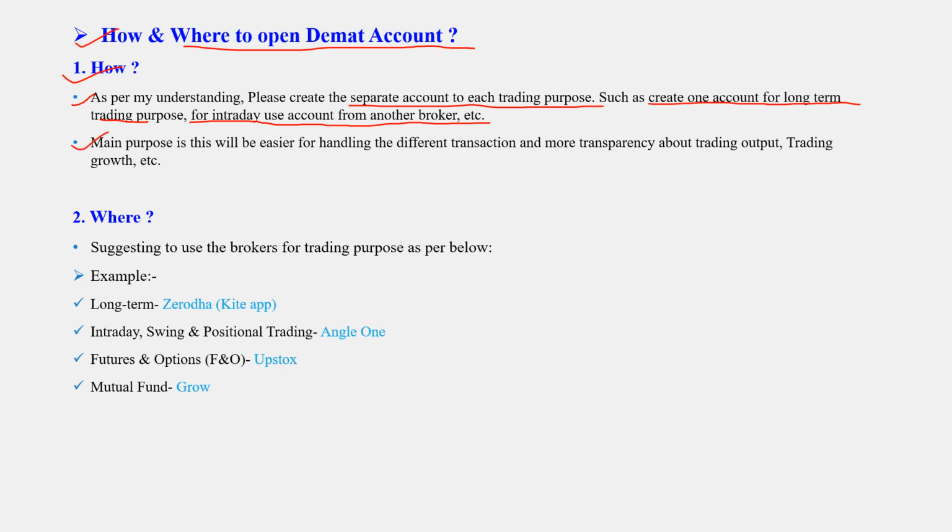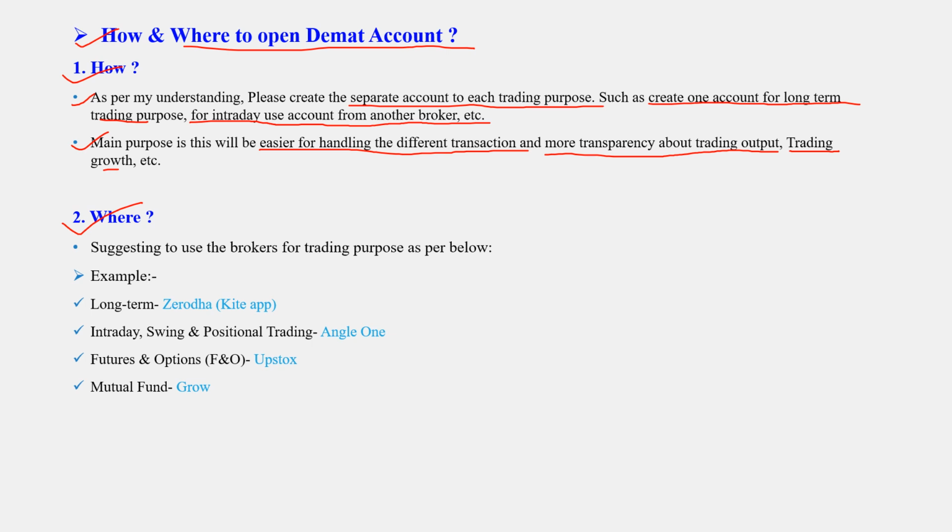The main purpose of creating these many accounts is that it is easier to handle the different transactions, with more transparency about trading output, and also trading growth. This is how to create and manage the accounts.